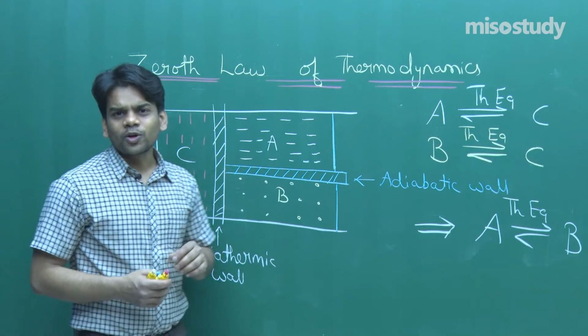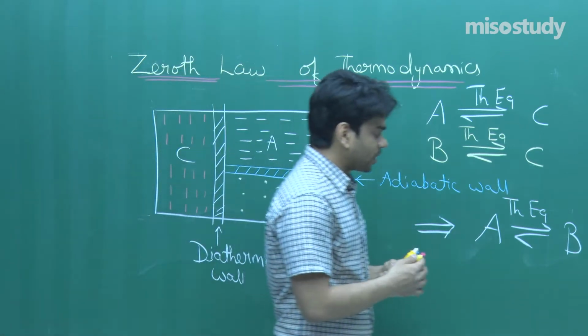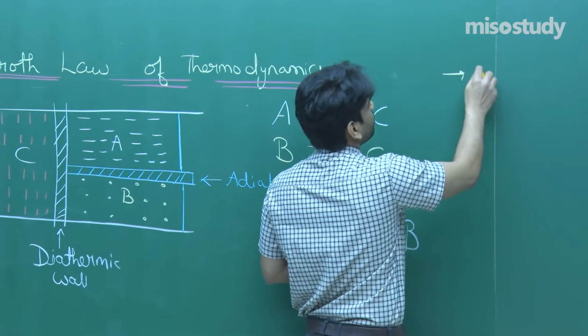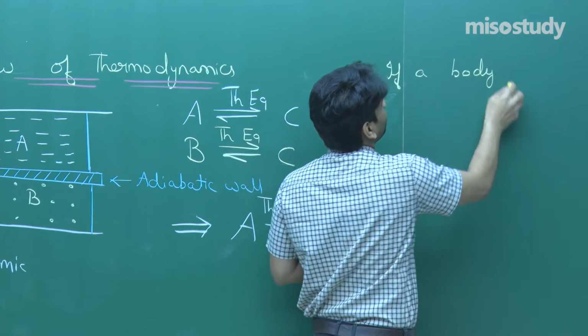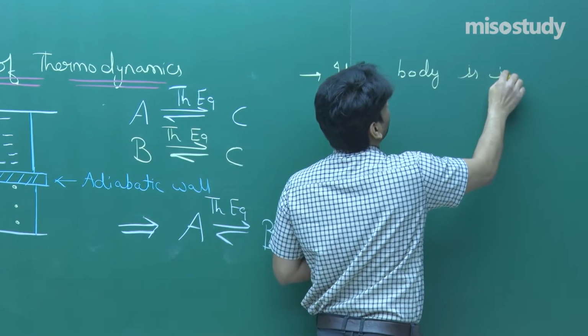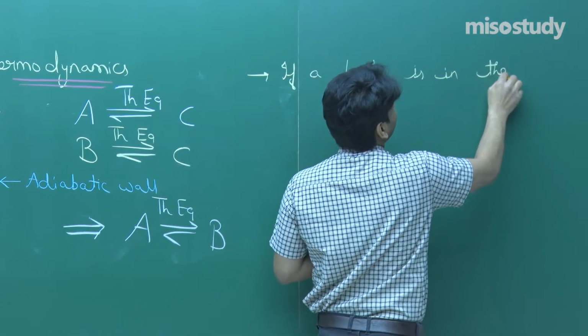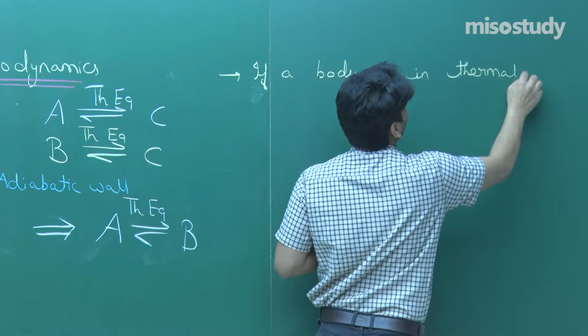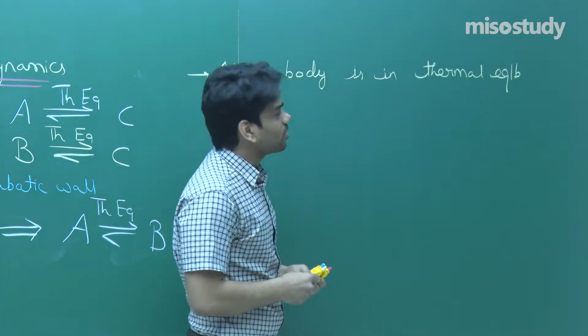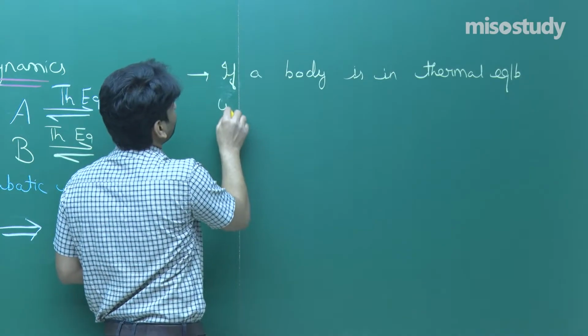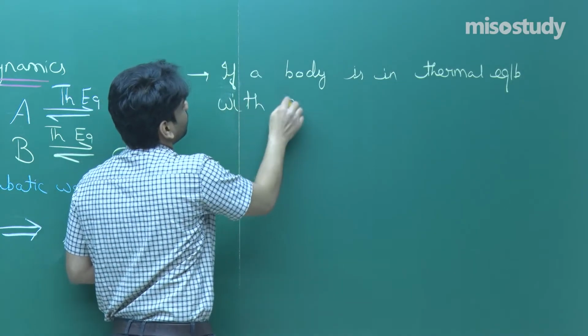So what statement are you going to use for the zeroth law of thermodynamics? You can write this: if a body is in thermal equilibrium with another body. Thermal equilibrium, I'm writing equilibrium in short, EQLB, that stands for equilibrium.